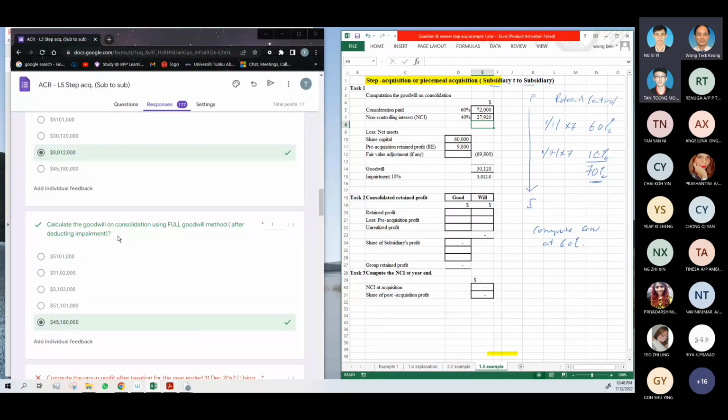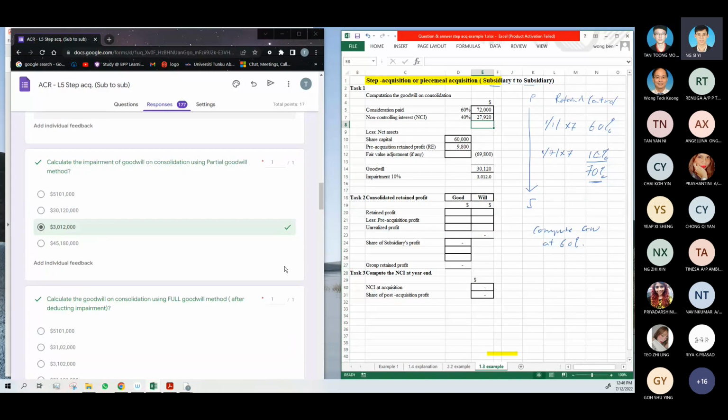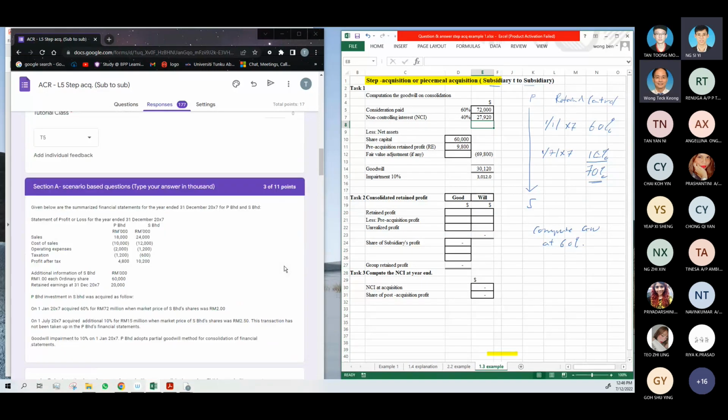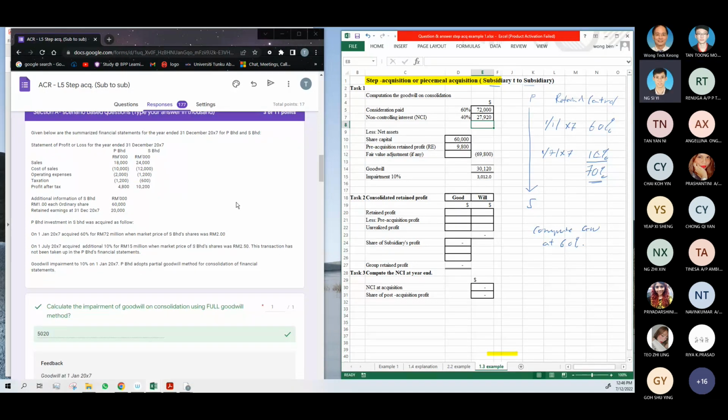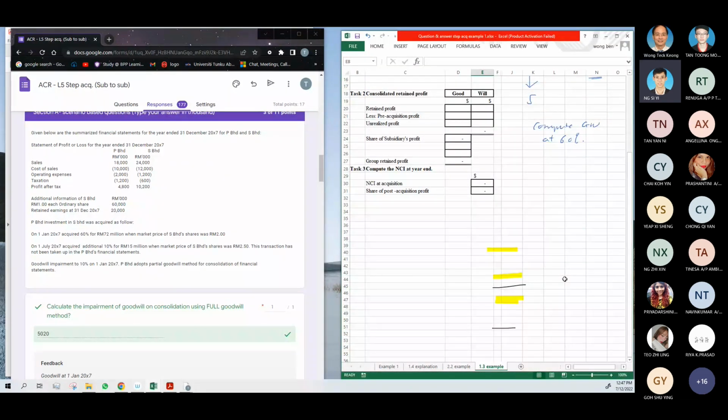So how do we get the retained earnings? Current year profit, how much? P&L for SBR, how much? 10,200. So cumulative profit at 31st December is 20,000. So the difference will be the opening.